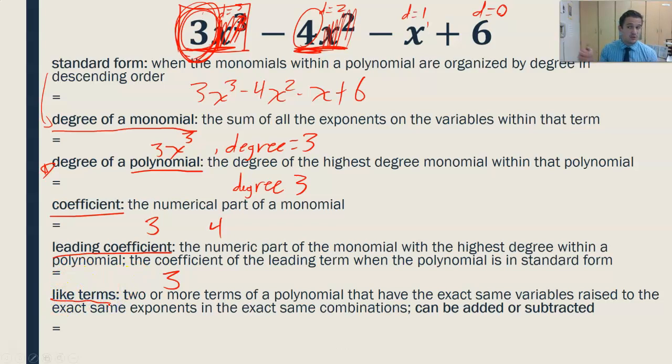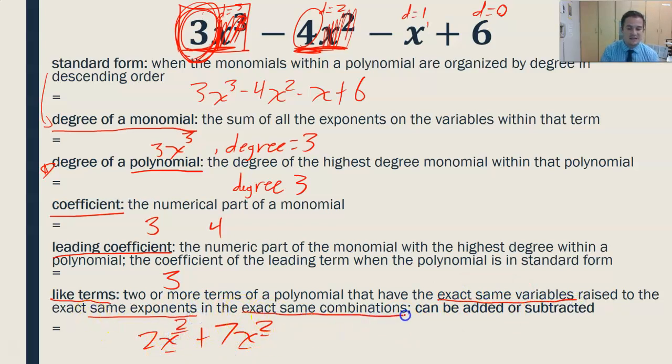And last but certainly not least, like terms are 2 or more terms of a polynomial that have the exact same variables raised to the exact same exponents in the exact same combinations. So, say, I'm going to make up my own here, say I had 2x squared plus 7x squared. Those terms are like terms because they have the exact same variables raised to the exact same exponents.